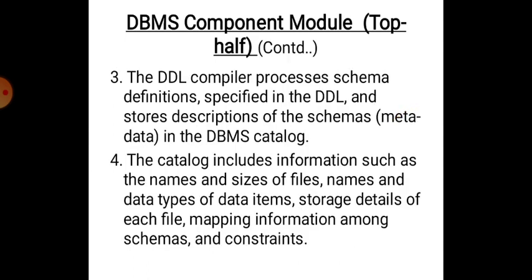Third point. The DDL compiler processes schema definitions specified in DDL and stores descriptions of the schemas, that is metadata, in the DBMS catalog. Point number 4. The catalog includes information such as the names and sizes of files, names and data types of data items, storage details of each file, mapping information among schemas and constraints.